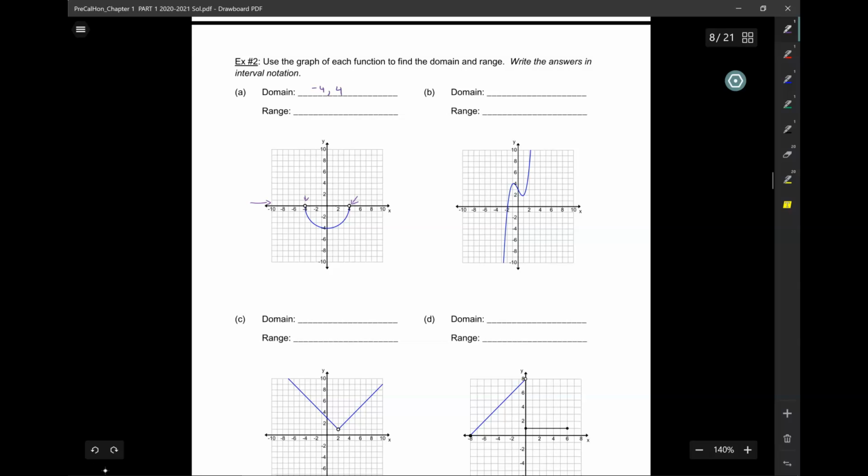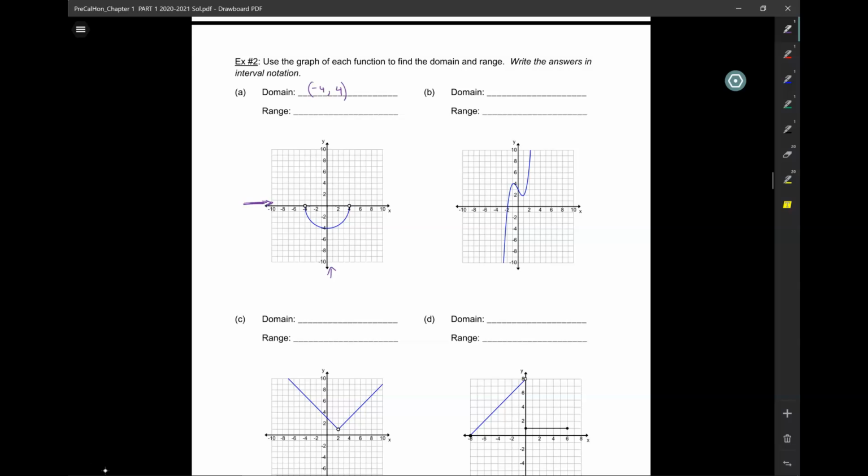Because I have open circles at -4 and 4, I put open parentheses here. So at x equals 4, there is no graph, but at 3.99999, there is a graph. Range is the y values. Again, if I start from the bottom here, I just scan the y-axis upwards, and I see for which y values there is a graph.